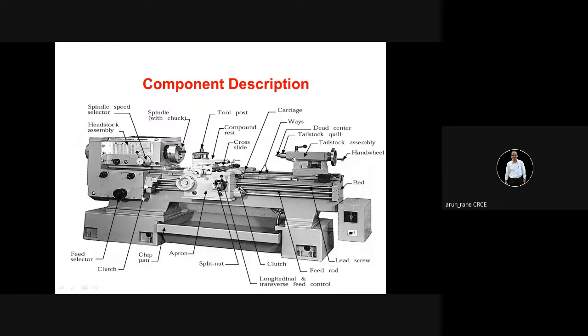So you have a clutch here, you have a clutch here. So wherever the operator is, it is convenient for him to operate anywhere, and this is what is called ergonomics. Ergonomics means the controls are located, positioned, and designed in such a way that they are easy for operators to operate.